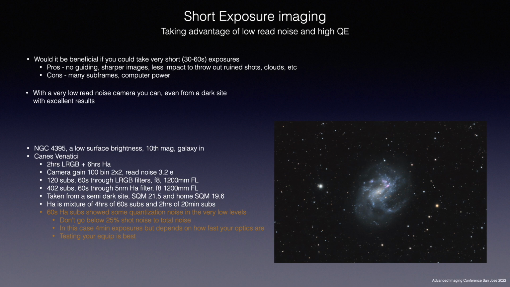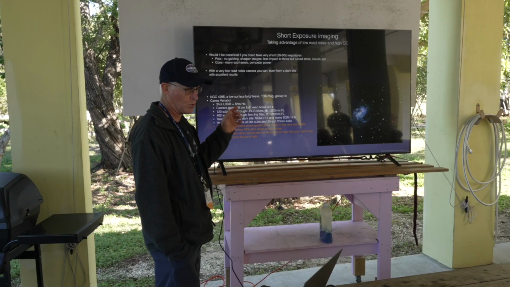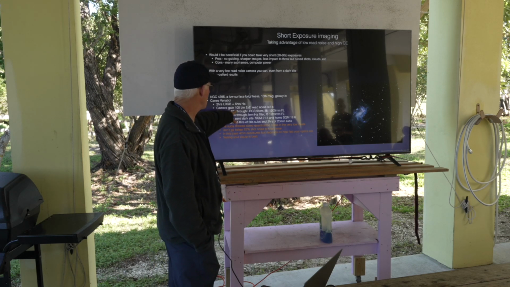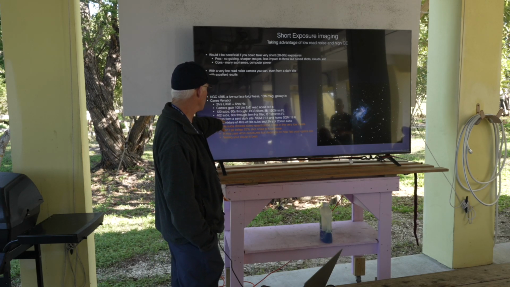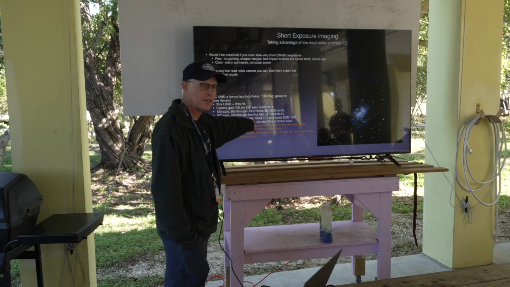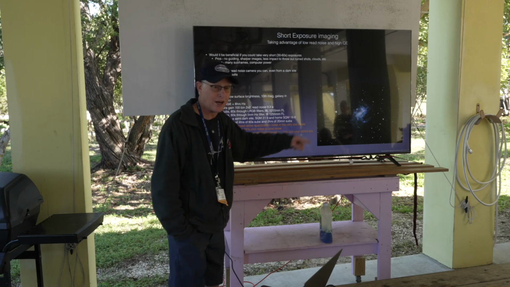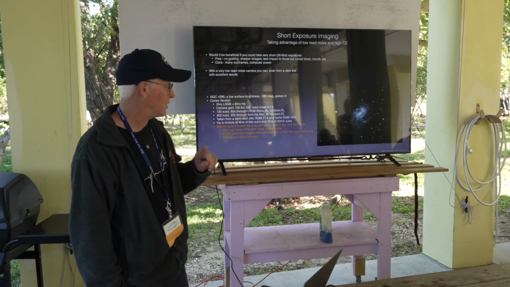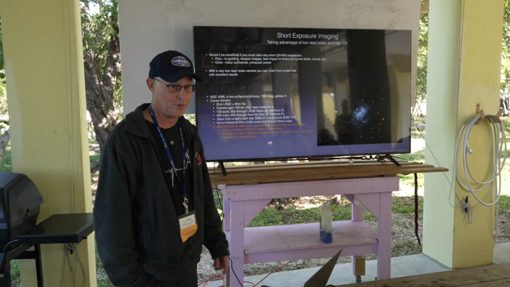This was at a dark site. I got together with my buddy Richard Wright and we did a test to see how this would work: 60-second subs through a 5 nanometer HA filter with an f8 telescope.